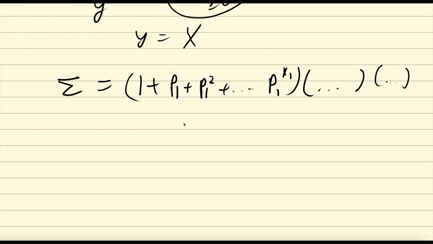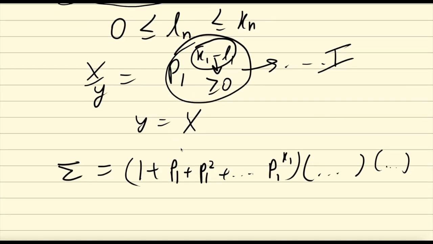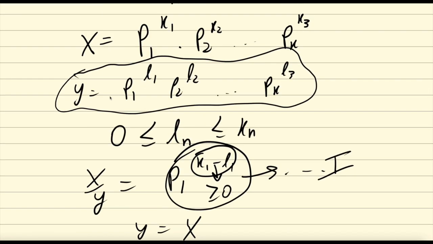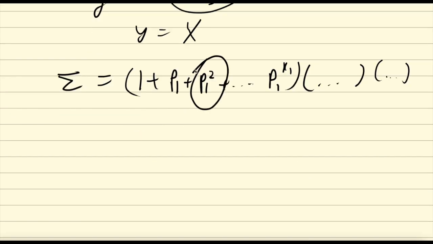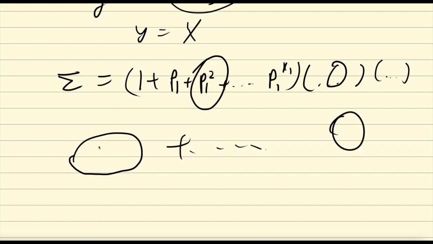So let's say you want to find a factor, choose an l1, you can choose that prime number over here. Choose l2, you can choose that index of the second prime number, and so on, and you can basically get all the factors of x, and you basically sum it up, right? Okay, and so basically that's how you find the sum of all the factors of a number x, right?